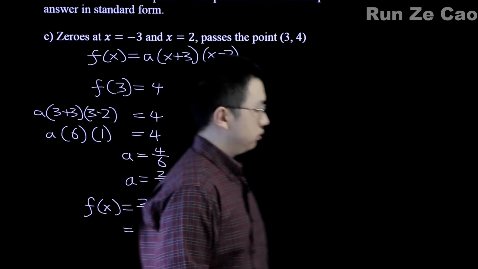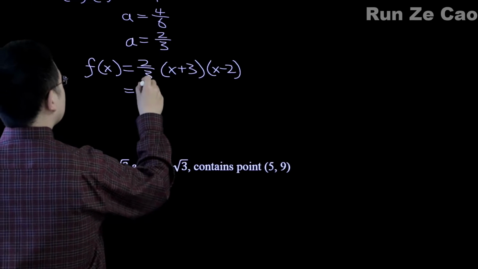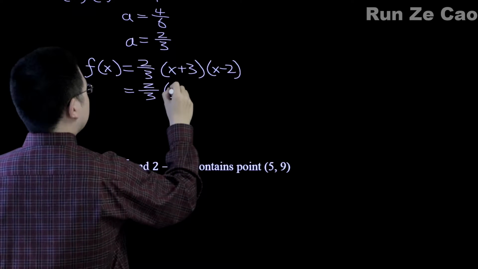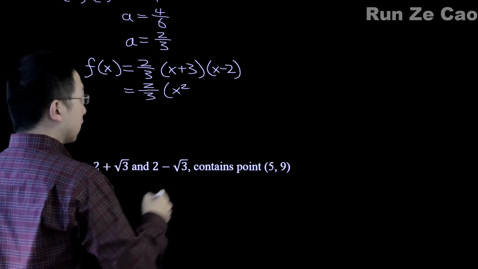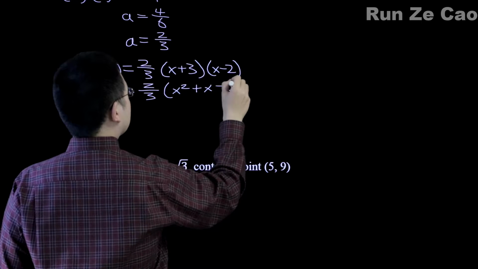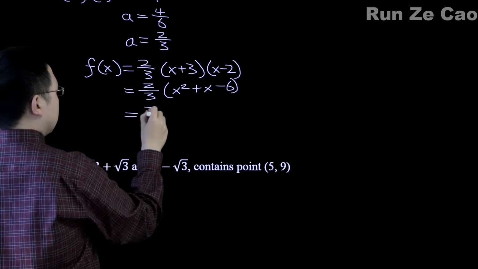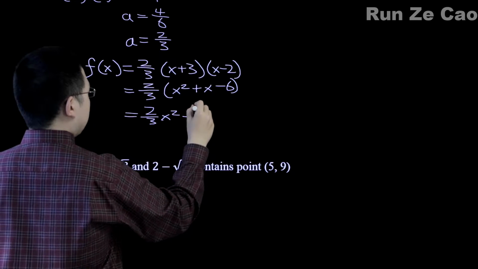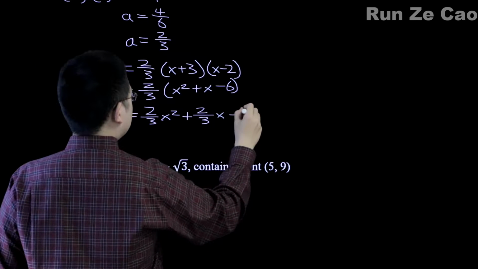This is equal to 2/3 of x squared plus 3x minus 2x, plus x and minus 6. So 2/3 x squared plus 2/3 x minus 4.